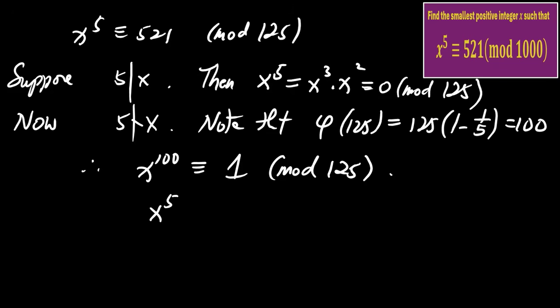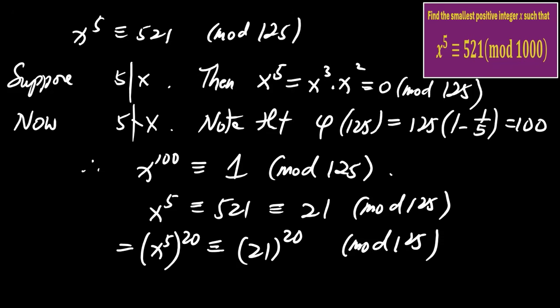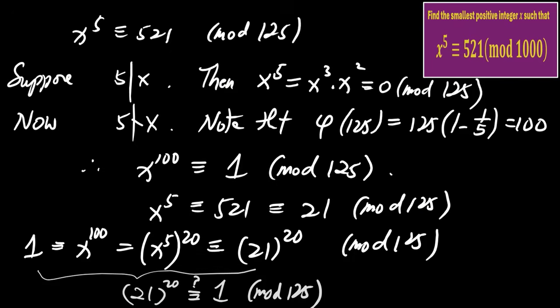If x to the power 5 is congruent to 521, which is congruent to 21 mod 125, then x to the power 5 to the power of 20 is congruent to 21 to the power of 20 mod 125. And since x to the power 5 to the power of 20 is x to the power 100, which is congruent to 1, we need to check whether 21 to the power of 20 is congruent to 1.